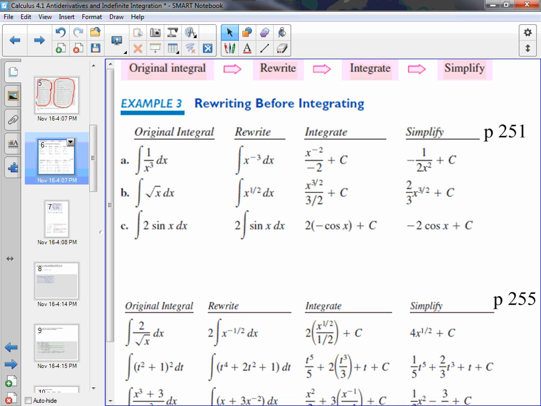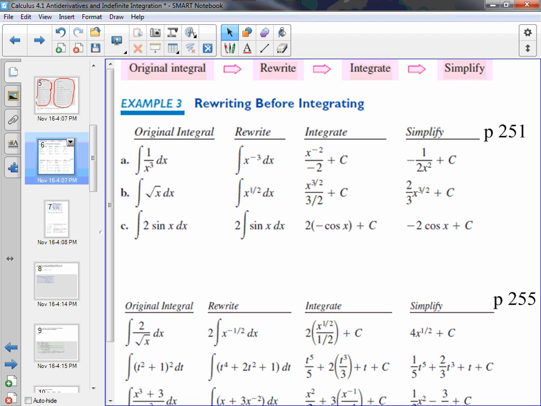Now, with derivatives, quite often we had to rewrite the problem to make finding the derivative easier, didn't we? Sometimes we'd multiply things out or whatever. It's the same thing here. So look on page 251, example 3 on the bottom half of that page.